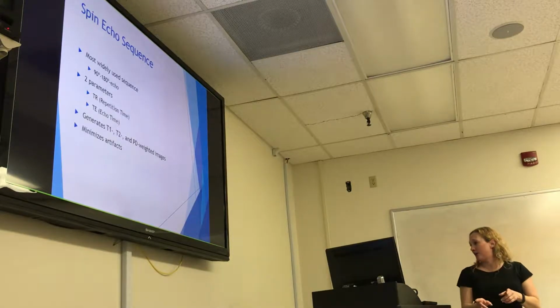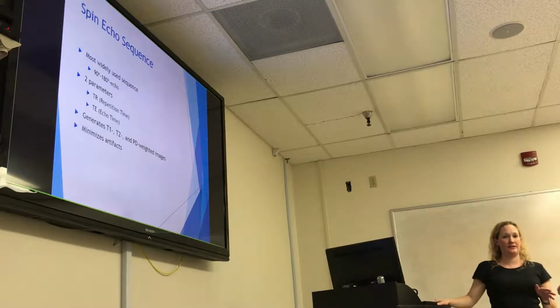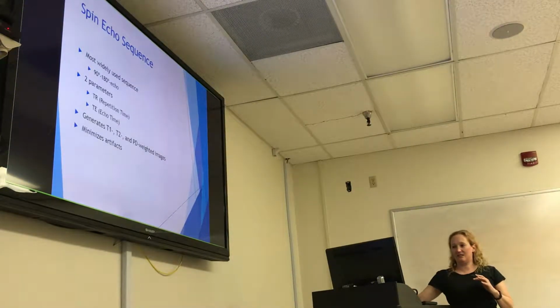Okay, so spin echo sequence. It is probably the most widely used. It's the most basic and it's the easiest to understand as far as the way that it works and how the tissues are reacting, because you basically have, this is it right here. It's a 90-degree pulse, it's a 180-degree pulse, and it's an echo, and that's a spin echo sequence. It doesn't get any more basic than that.